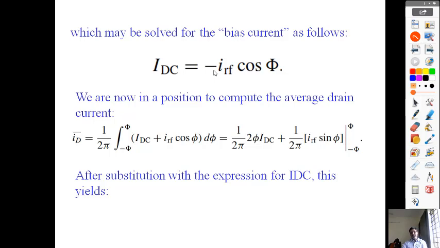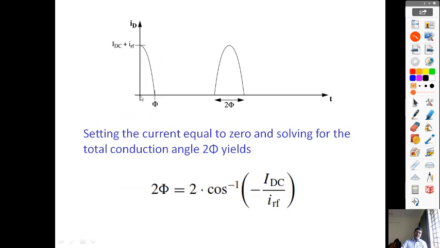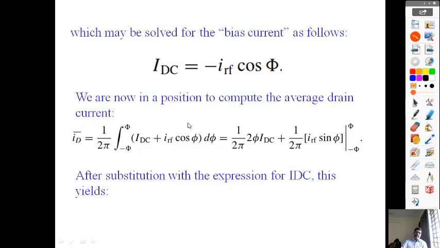We are now in a position to compute the average drain current. Average drain current ID bar equals 1 by 2 pi, because we have to take the integral over one full cycle, whereas the current is a finite value only over the range minus phi to plus phi. The current is IDC plus IRF cos theta, d theta.